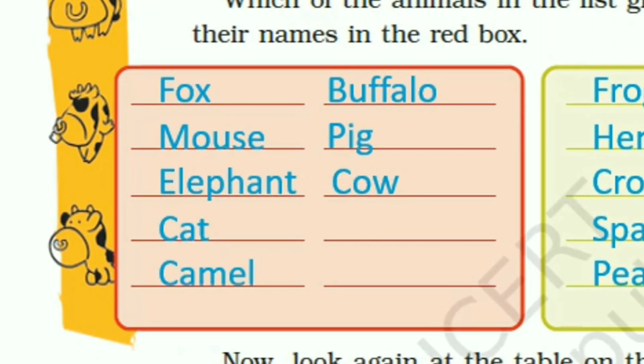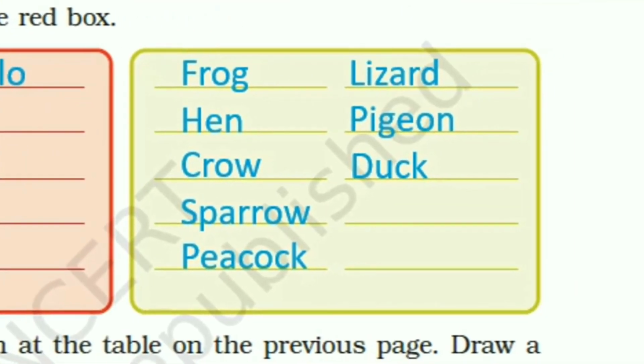These are animals which give birth to babies. On the other hand, in the green box: frog, hen, crow, sparrow, peacock, lizard, pigeon, duck. These are animals which lay eggs.